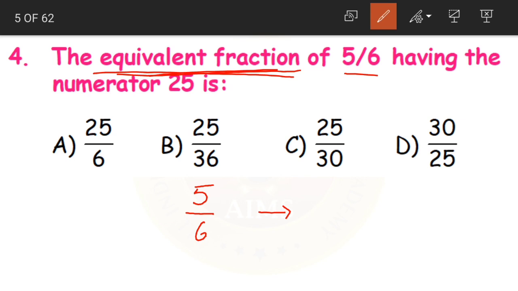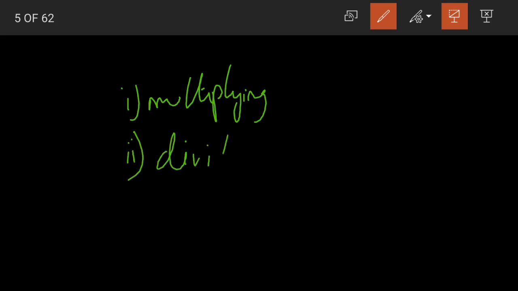And how do we find out the equivalent fractions? Now what are they saying? The numerator should be 25. So equivalent fractions can be found out in two ways, children. One, by multiplying, or two, by dividing. Okay, how to find out equivalent fractions?